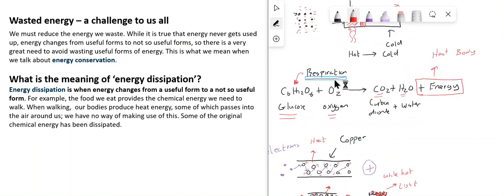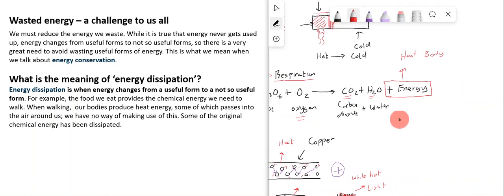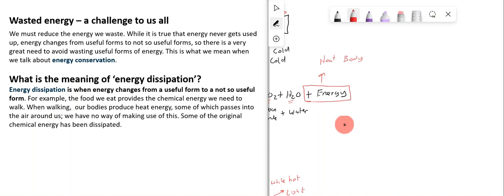So if we go back up here to respiration, our body burns glucose in order to make energy. Let's say we walk around. This is us, and we're walking along. We're taking this chemical energy that's stored in the glucose.